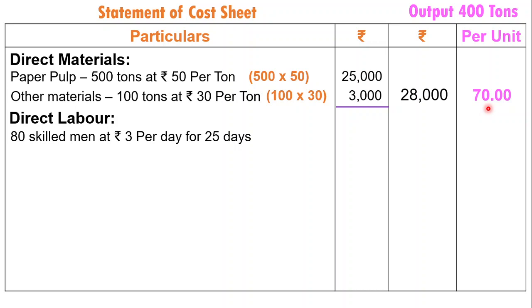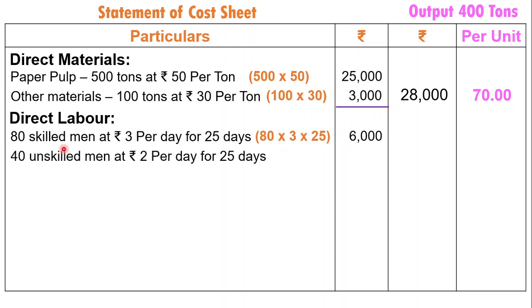To arrive at the value of wages paid for 80 workers, we need to multiply 80 skilled workers, 3 rupees per day of wages, and 25 days, the total working days performed by these workers. So 80 into 3 into 25 amounts to 6,000 rupees, the wages paid for skilled workers.